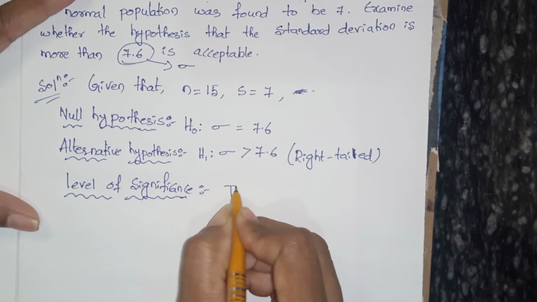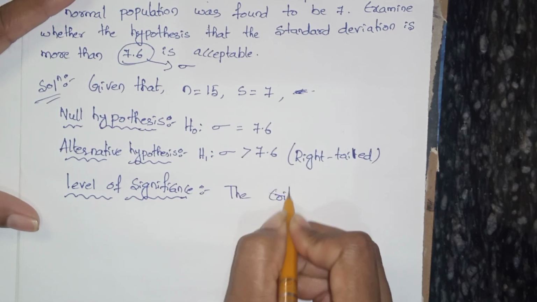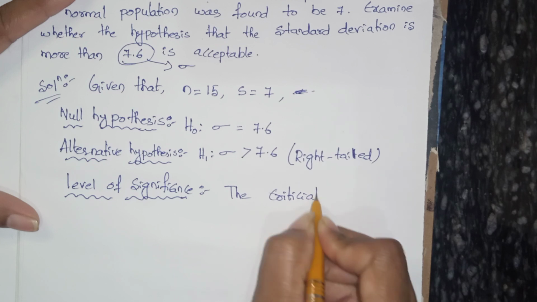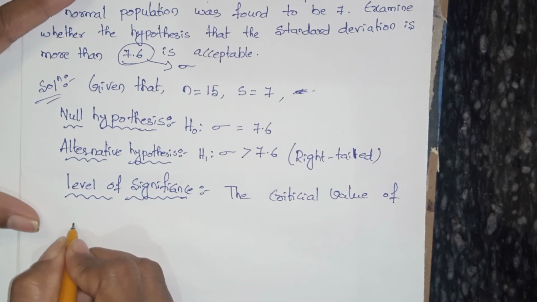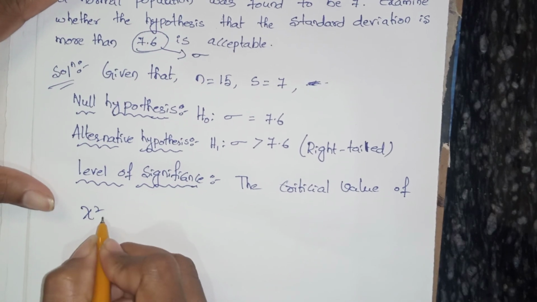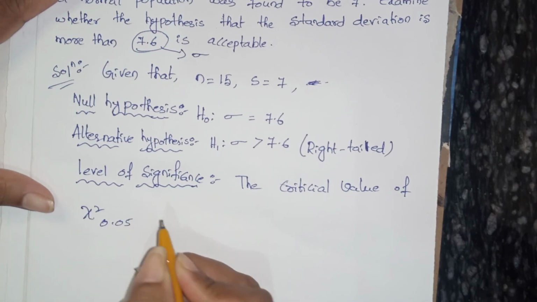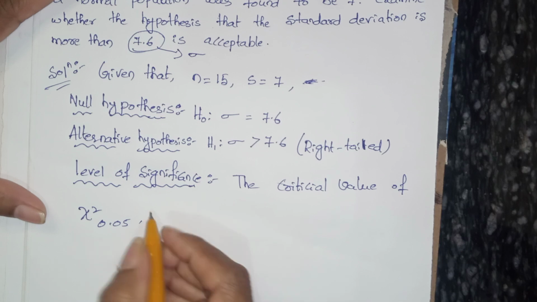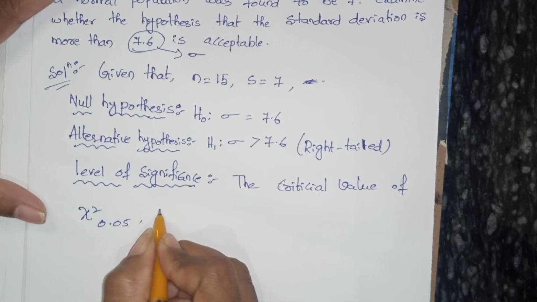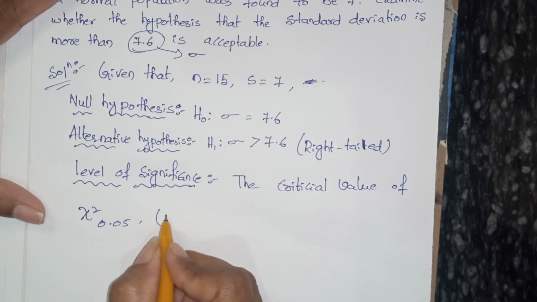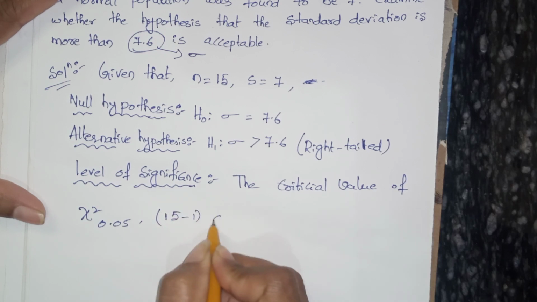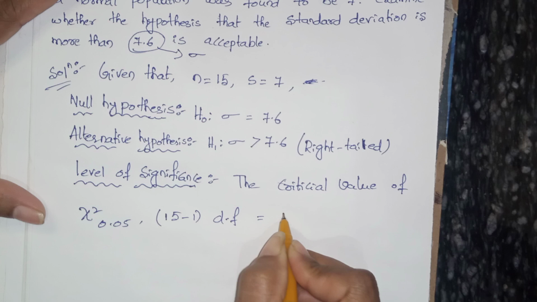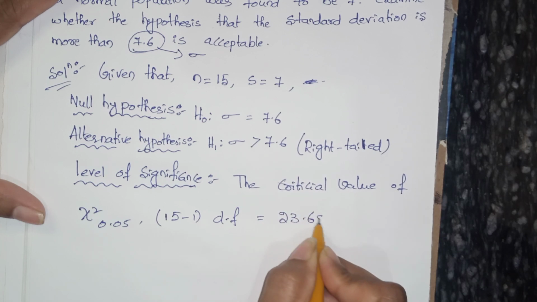The critical value, or table value, of chi-square at 0.05 with n minus 1 degrees of freedom, where n is 15, so 15 minus 1 degrees of freedom, equals 23.685.